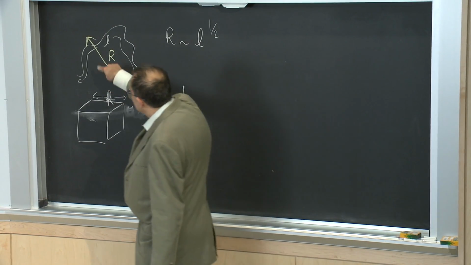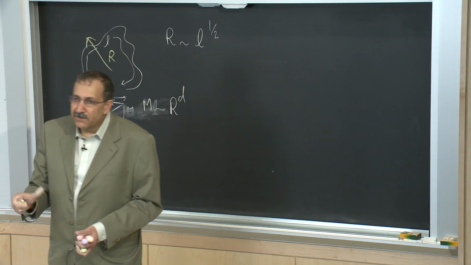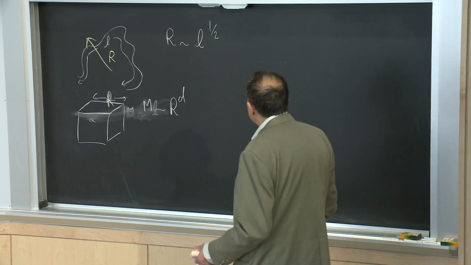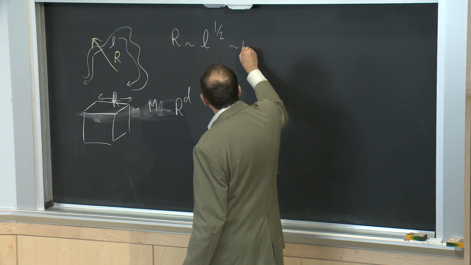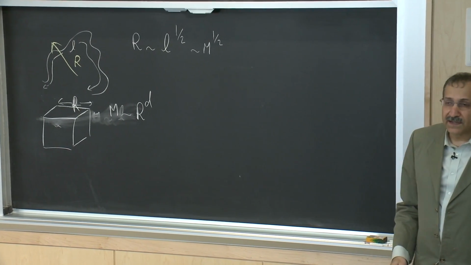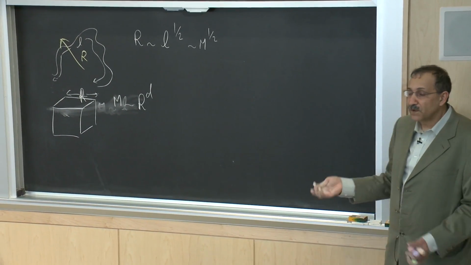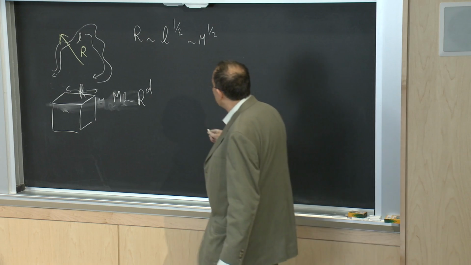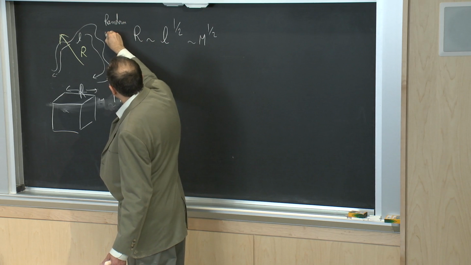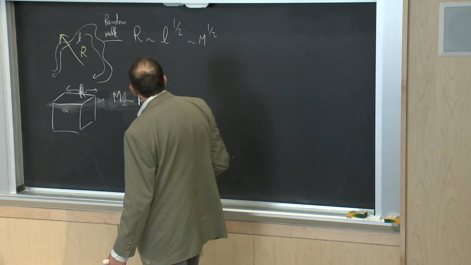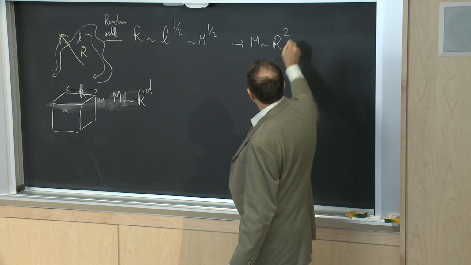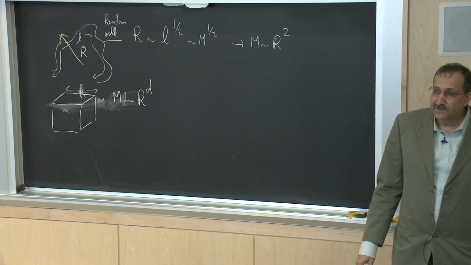So if I take my random walk and think of it as something in which every step has unit mass, you would say that L is proportional to mass, so that the radius grows like the number of elements to the 1/2 power, or the mass to the 1/2 power. So if I want to force it in terms of a relationship between mass and radius, mass goes like radius squared, okay?